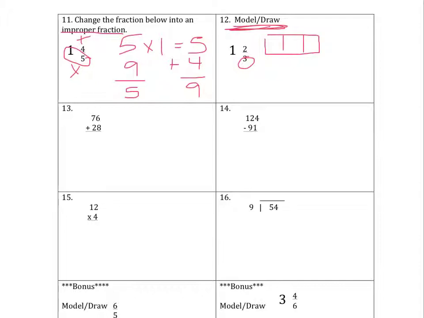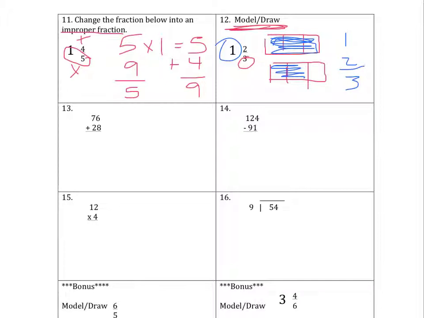Okay, since we have a whole 1 here, we're going to color all of these in. So I have my 1. But now I still have a little bit left over. So I'm going to draw one more shape. Again, breaking it into 3s, because that's our denominator. And I'm going to color in 2/3 of that, giving me 1 2/3.